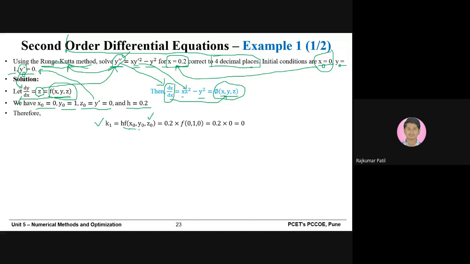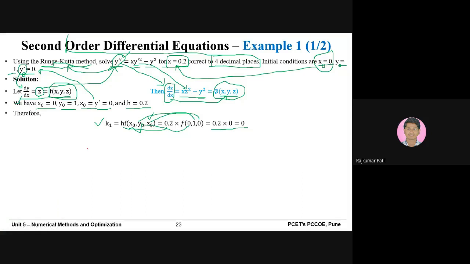So h is given 0.2, x naught is 0, y naught is 1, and z naught is 0. So put x naught, y naught, and z naught in this equation and simplify, you will get k1 as 0. So this is how we can calculate k1.